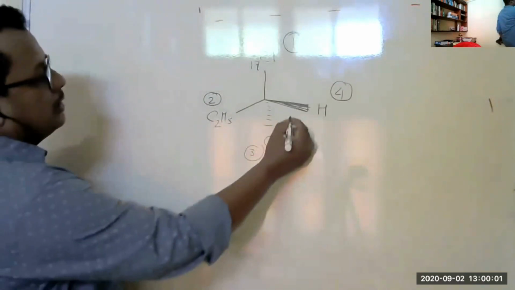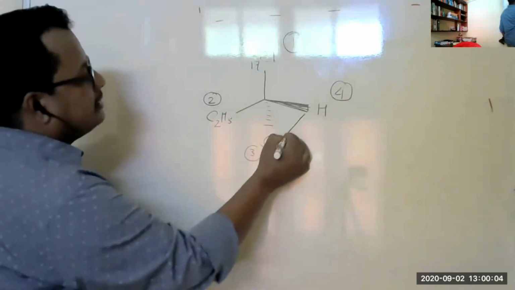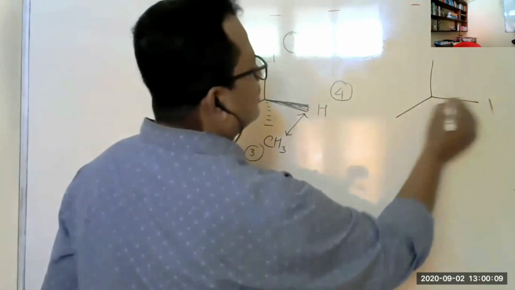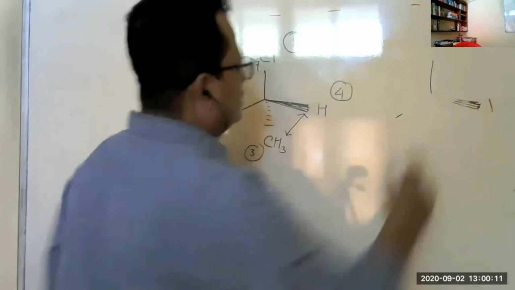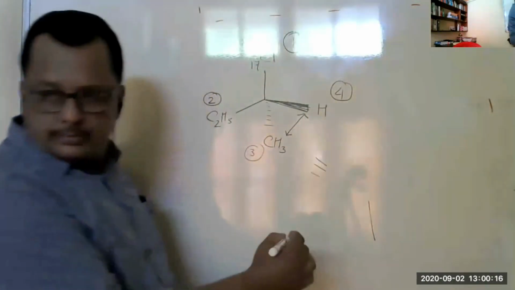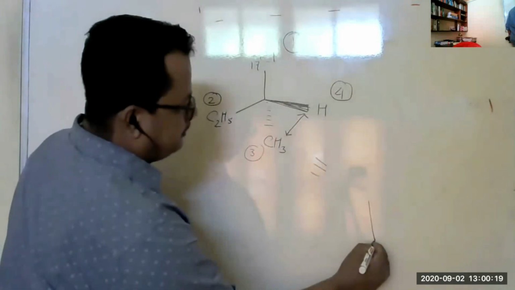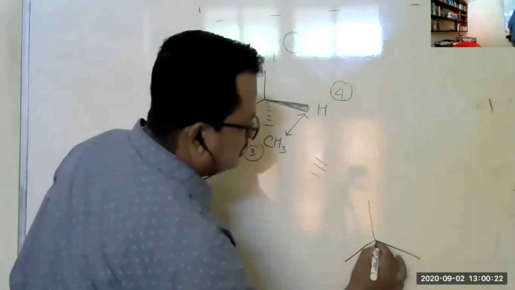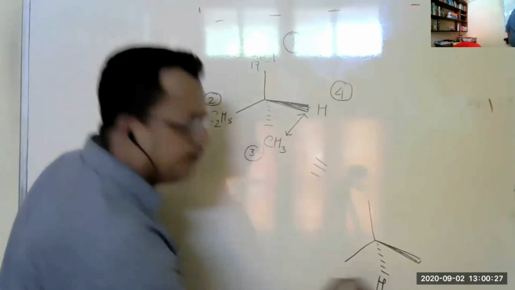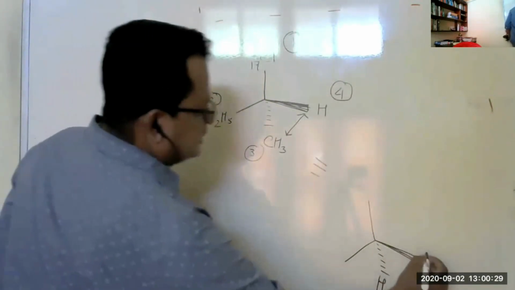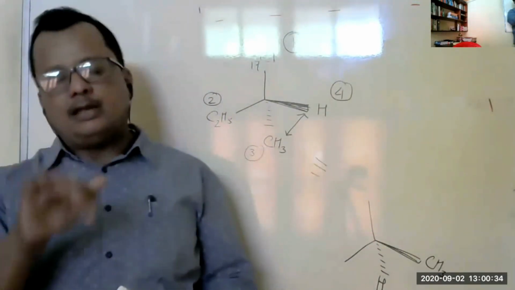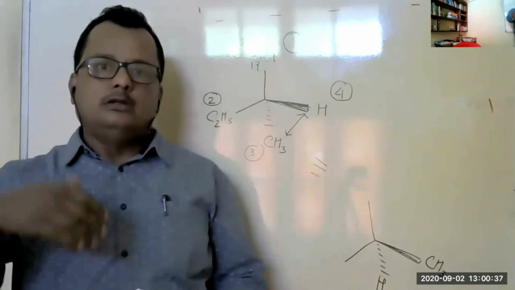So what I will do, I want hydrogen to come here, so I will interchange this pair. If I interchange this pair, what will happen? Hydrogen comes here, CH3 goes here. I already told you that if you interchange one pair, the configuration will become opposite.